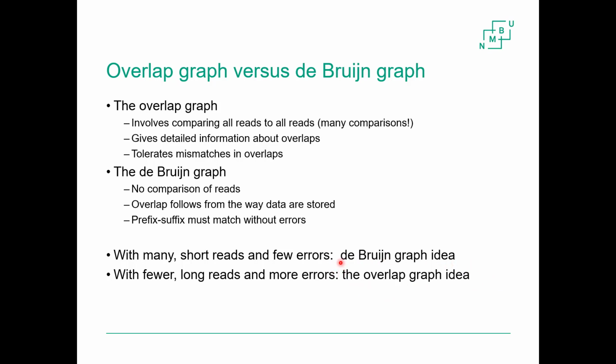But you should keep in mind both approaches will work in both settings. It's not like you only have to do one or the other. Both will work, but this one is fast, but this tolerates errors better. So it's possible to use both in both settings. It's just a matter of which one is a little bit better suited than the other.